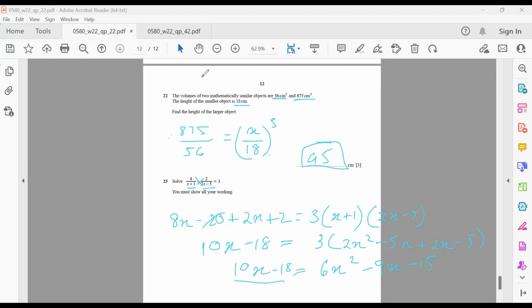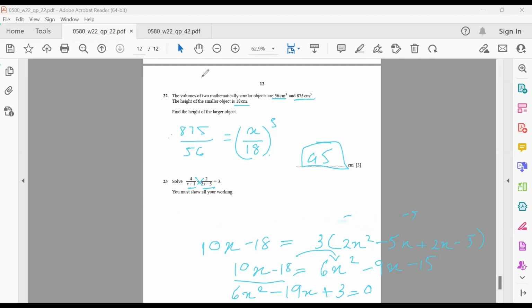So we have the equation. Now if we take these over to this side, we get 6x squared minus 19x plus 3 is equal to 0. Now you can just put this into the calculator and find out the answer, but they've asked us to show all the working.